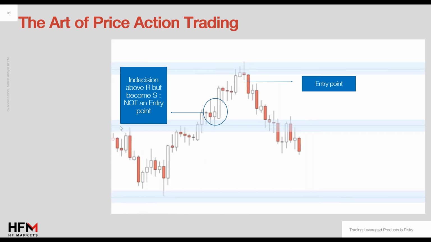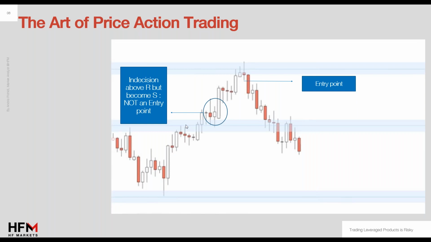As you have seen over here, it was stuck in a support and resistance level, right? That one is a support because it found support over here and the lowest low was here. So that was our support level. And our resistance level is this one because it was the level at which it struggled to break, right? And we have seen indecision close to the resistance level.